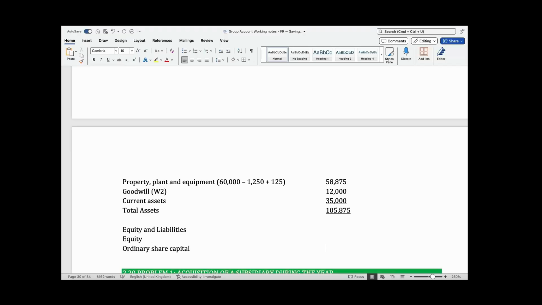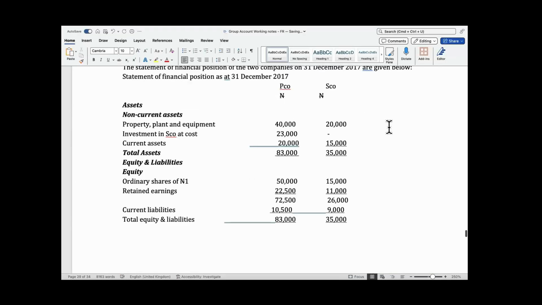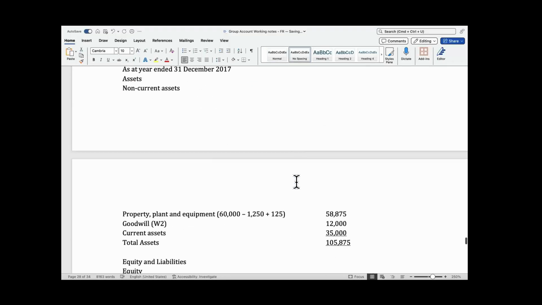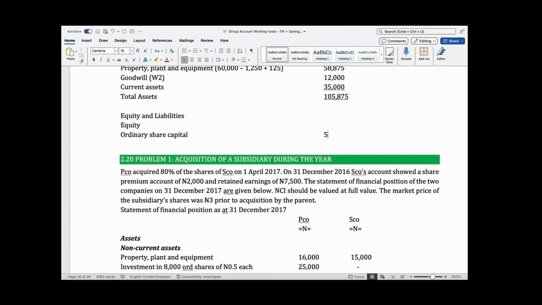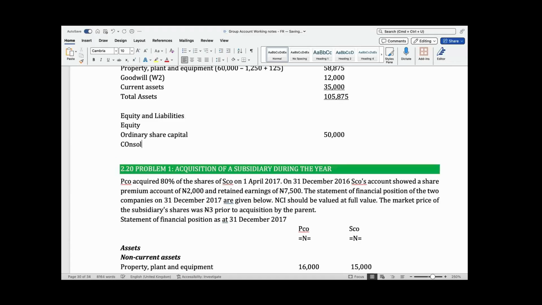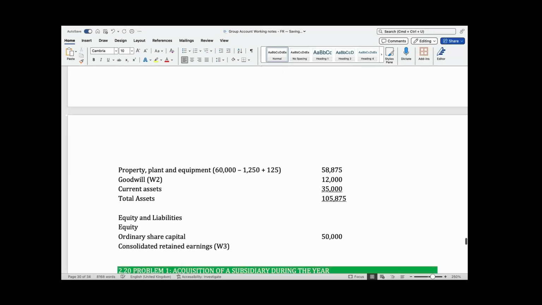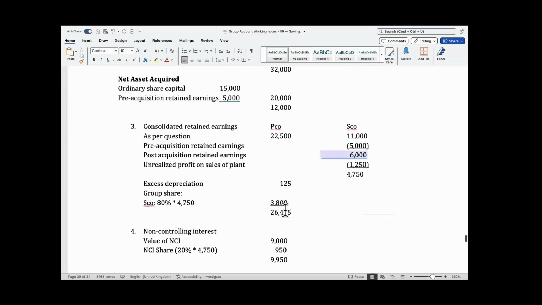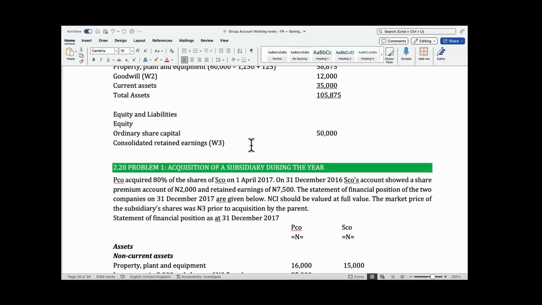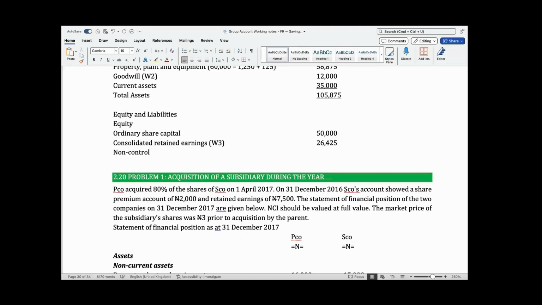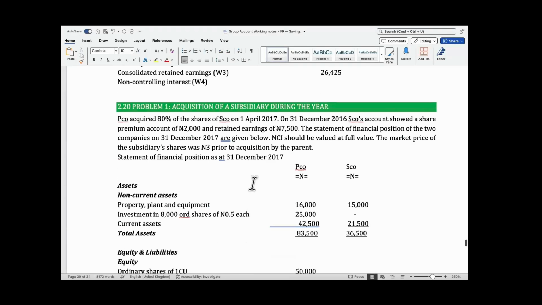So the ordinary share capital of the parent, that of the subsidiary will have been cancelled out. This is 50,000. Then consolidated retained earnings, which is working 3, and this is 26,425. And non-controlling interest, this is working 4, and that is 9,950.